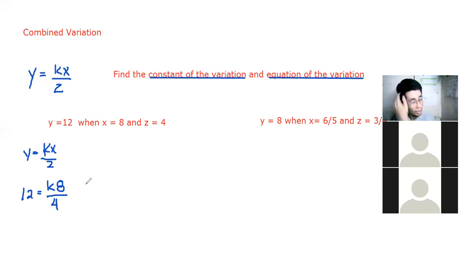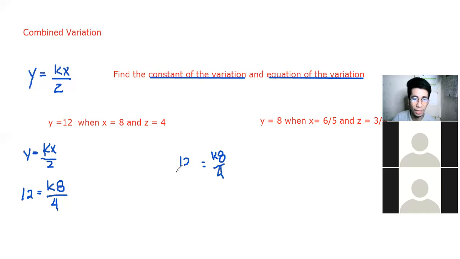Okay? So what do we do? When this happens, we just cross multiply. 12 is equals to K8 over 4.